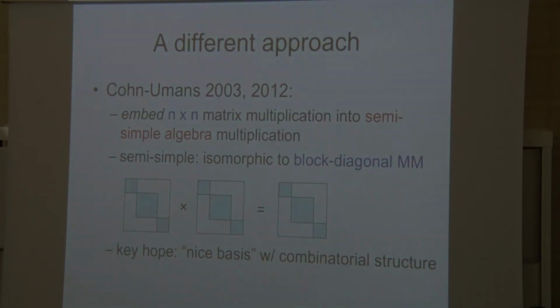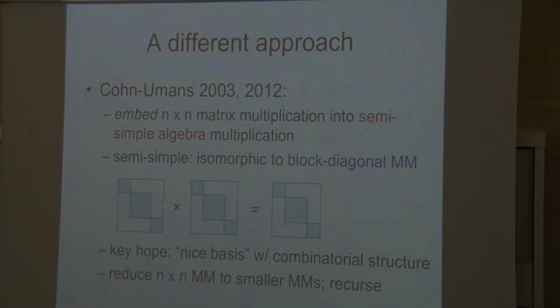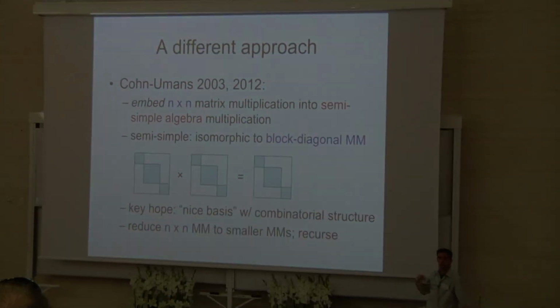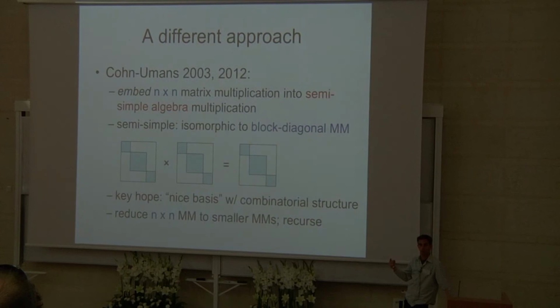You use this nice basis to actually work with. And then if you've carried out this embedding, you've reduced n by n matrix multiplication to smaller matrix multiplications. We hope these are smaller. And then you recurse. So this is the strategy.